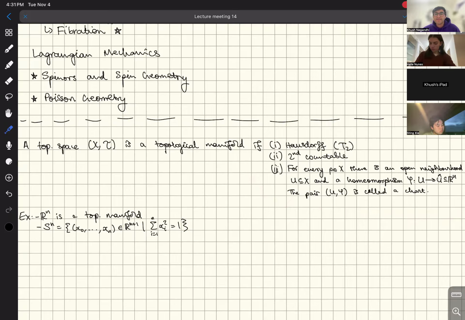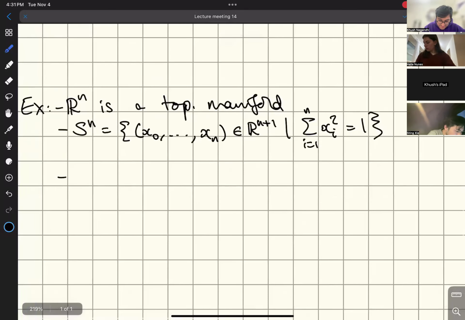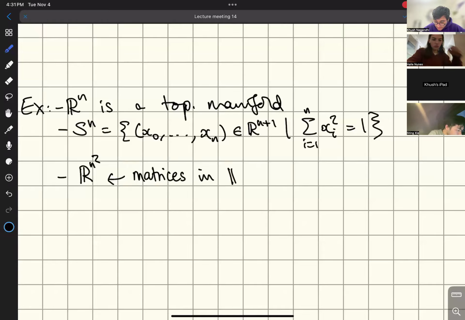So we'll come up with a technique that I'll present next meeting to show that this is a manifold. One more thing to note is that the set of matrices in Rn, the general linear group of R, is a manifold.